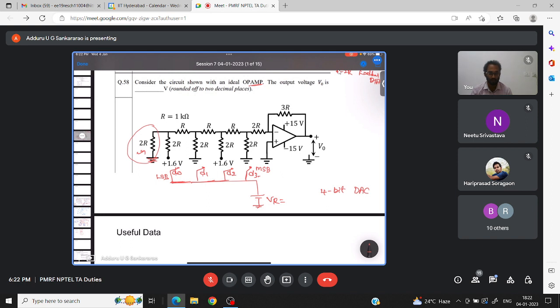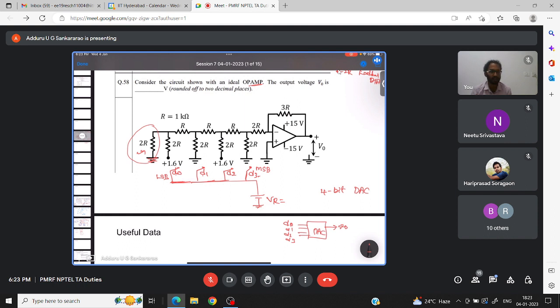Now, what it does actually: this is a DAC. You will give input bits D0, D1, D2, D3. You will get an analog output based on the step size.